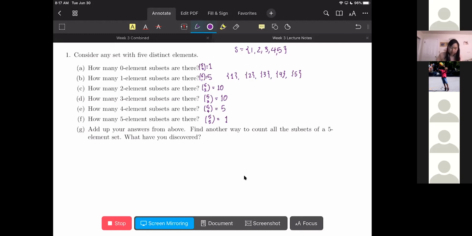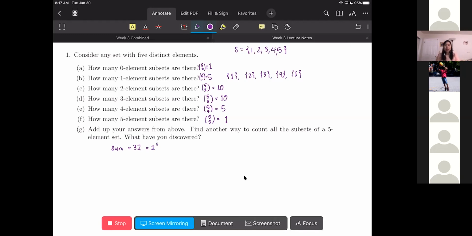All right. So now let's explore this cool property. Let's add up all our answers from above. What do you get? 32. Yeah, you get 32. And this is interesting because we could notice that 32 is 2 to the 5th power.